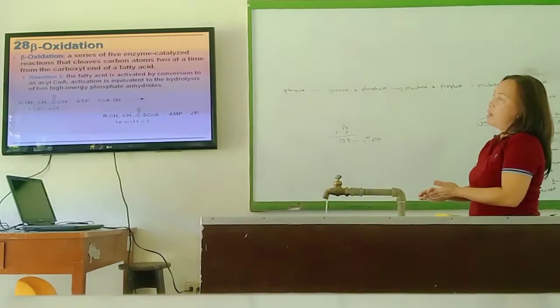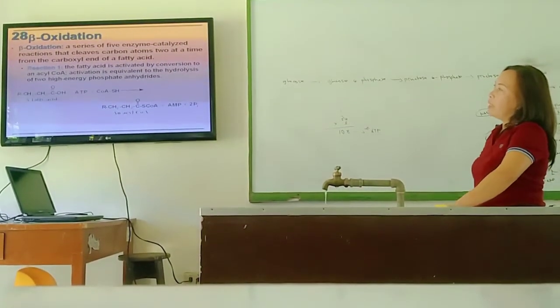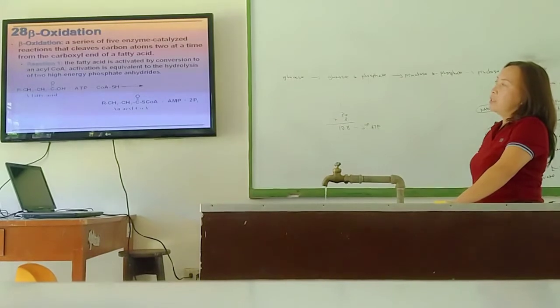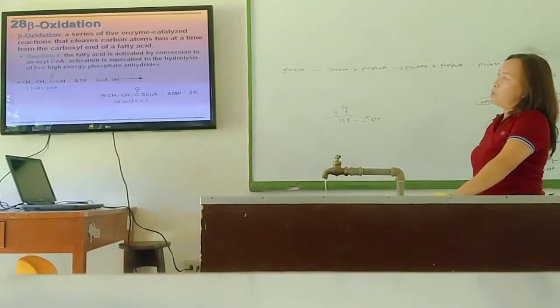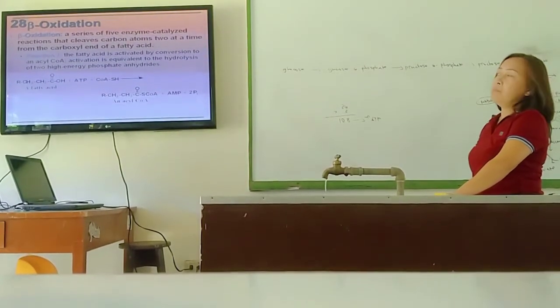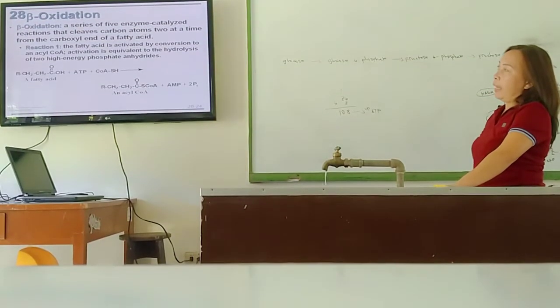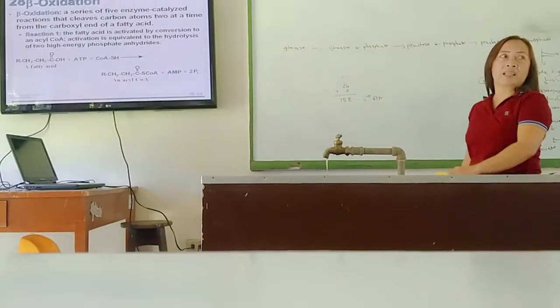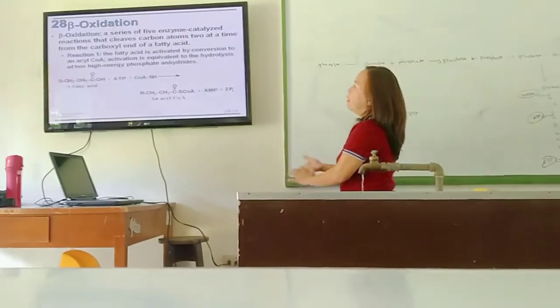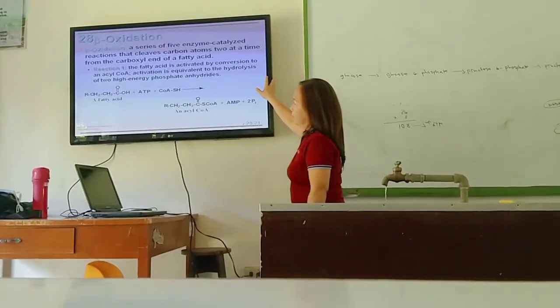Beta oxidation is a series of 5 enzyme-catalyzed reactions that cleaves carbon atoms 2 at a time from the carboxyl end of a fatty acid. So we'll start here from reaction 1.